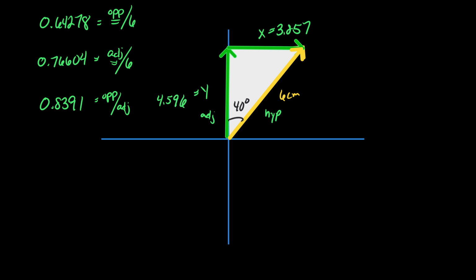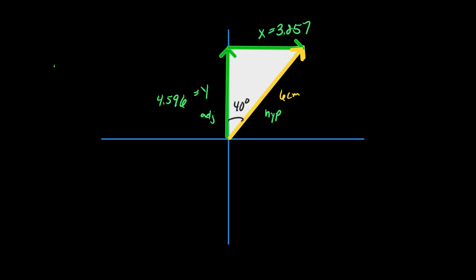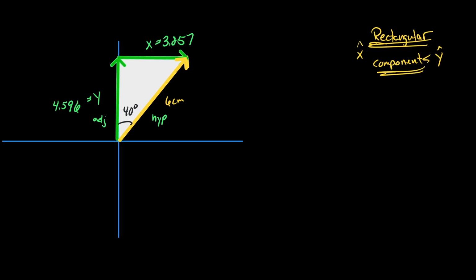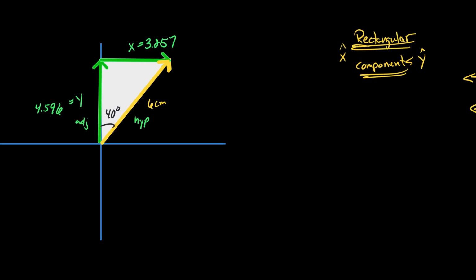I think we're good. So now we've used the triangle stuff to find the sides. We want to write this as a vector, which means writing this in its rectangular component form, which will be 3.857 in the x direction.